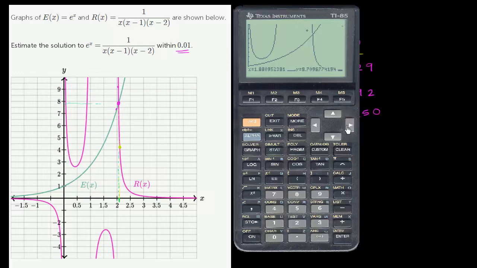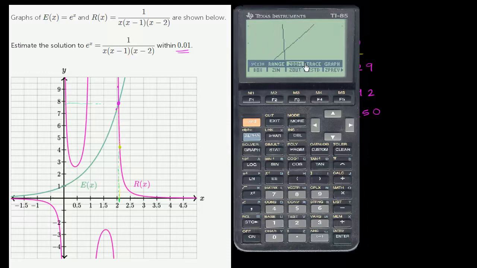So I'm going to get as tight in on this as I can go. If I press enter, now I can define the other corner of the box. So that's pretty good. I'm going to zoom in, press enter, and now it's zoomed in onto that little teeny box. So that was e of x, and now it's going to graph r of x.